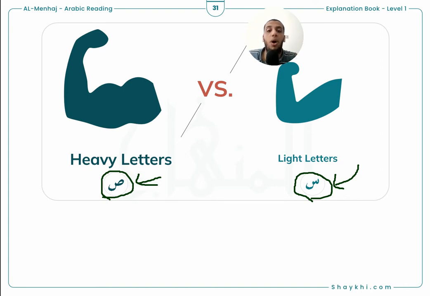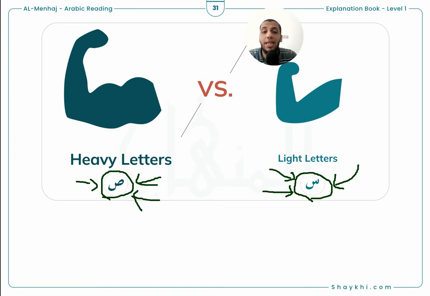Sa, the first one, which is light, and saw, a heavy one. They have the same point of articulation, the same way of pronouncing, but there is no difference between them except heaviness and lightness.